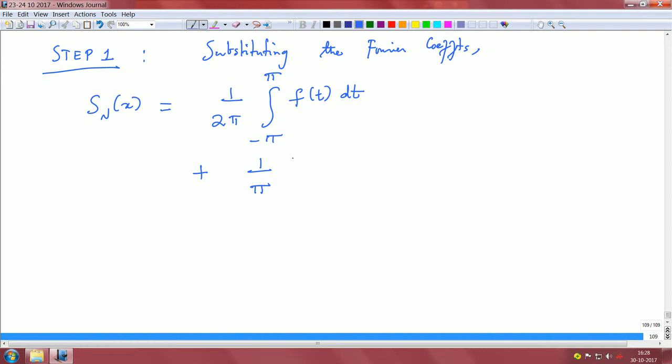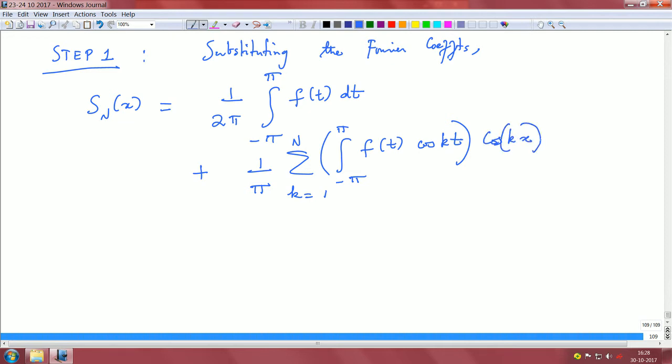So, basically I write as summation k equals 1 to capital N, this is a series sum, f t cos k t times cos k x. You see, deliberately I have used this t and x because it is a definite integral, so I can always write it in this form.